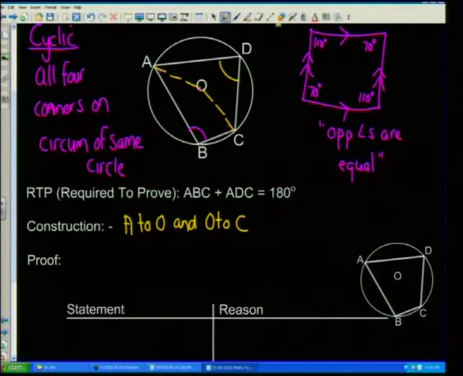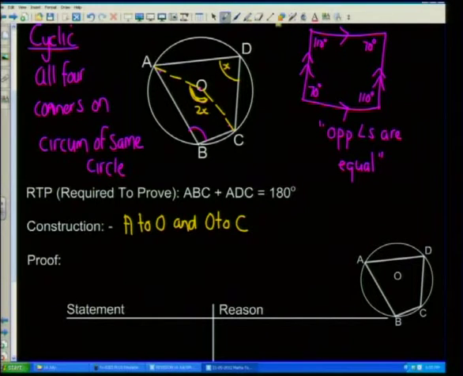Now, what I would like you to be able to see is that I have now created an angle to the center. So this angle here, all right, I hope that you can all see that, is going to be related to that one up there. Can you see that AOC is going to, let's say, be 2x, and ADC is going to be x?